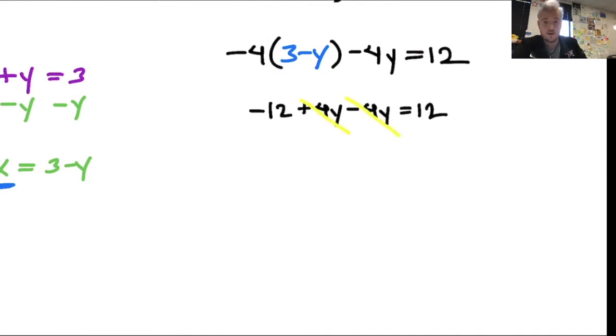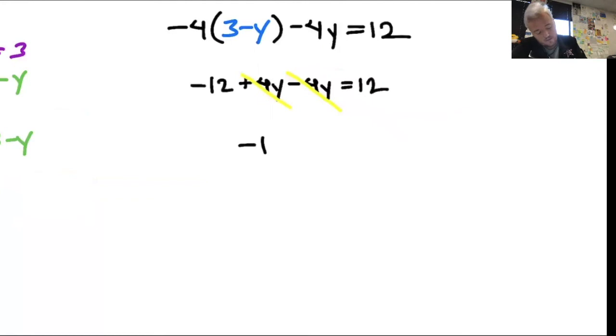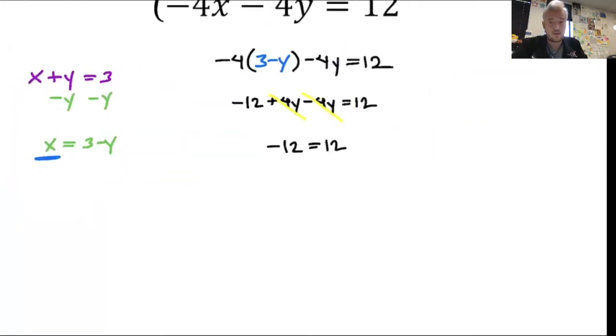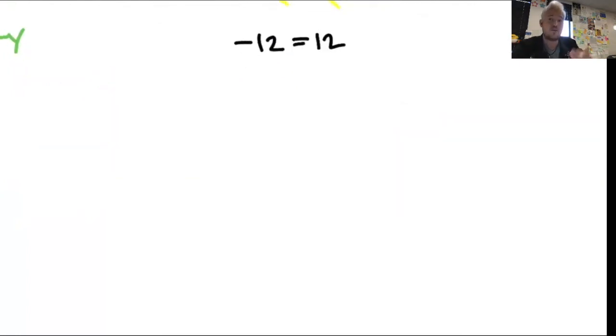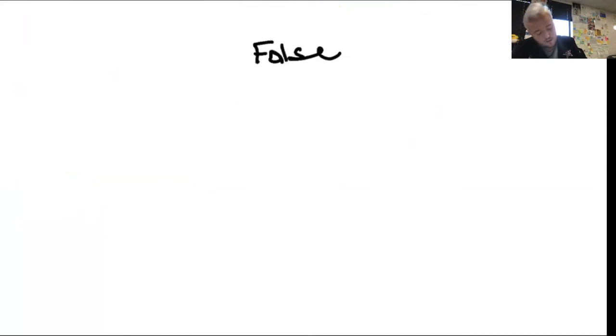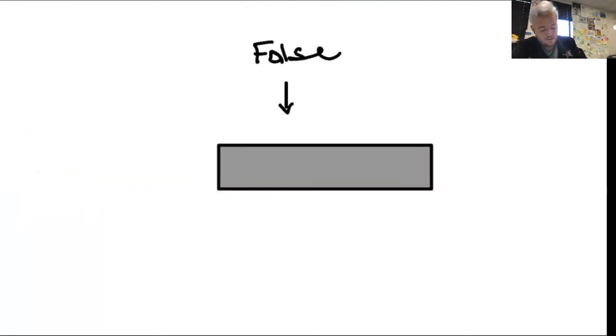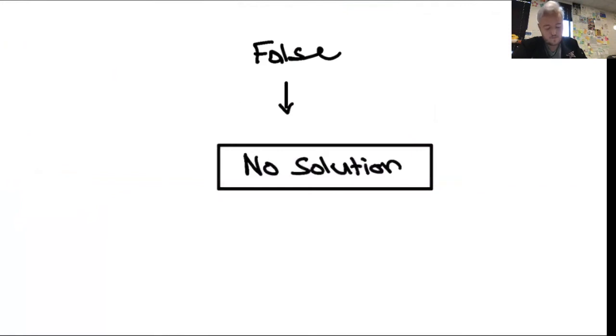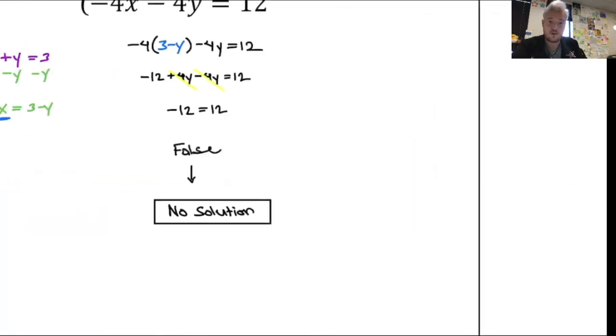That's a zero pair. So what we have left is negative 12 equals positive 12. Well, last time I checked, those are not the same thing. So because you get a false statement, this is actually going to be no solution. On a graph, these lines would be parallel. They just do not intersect.